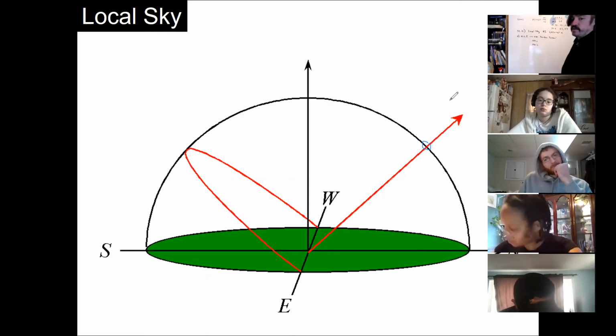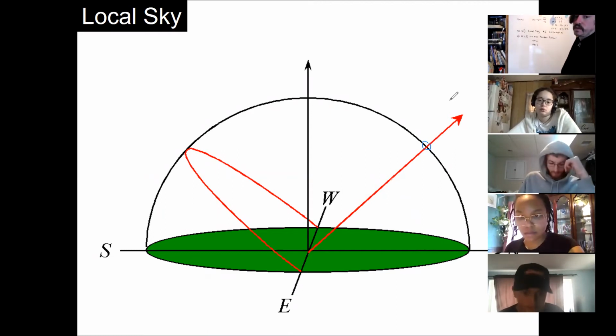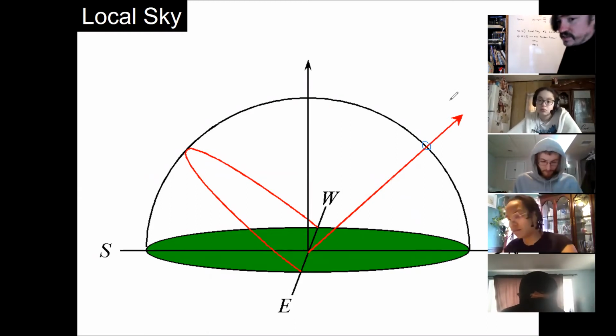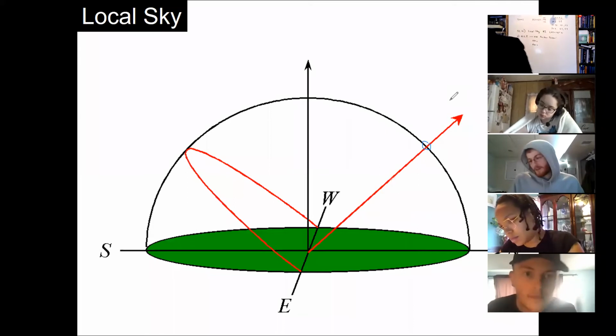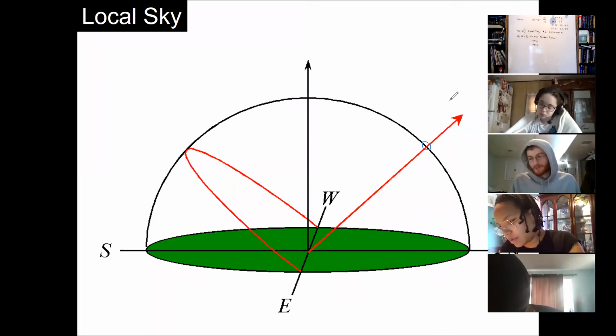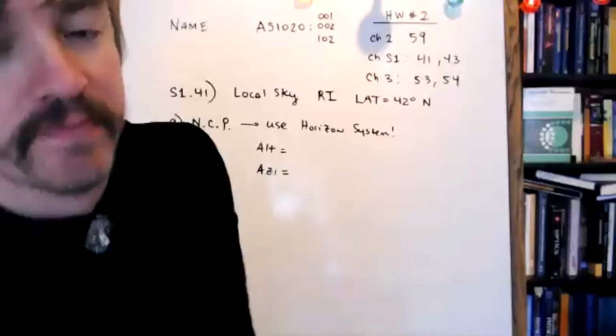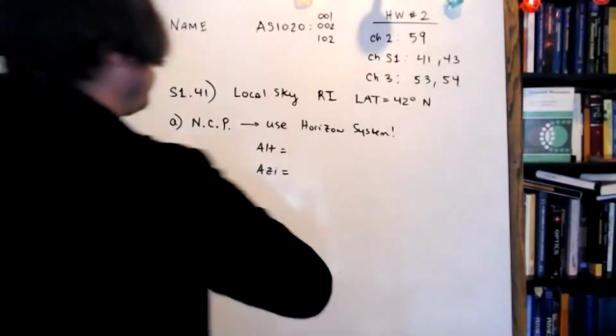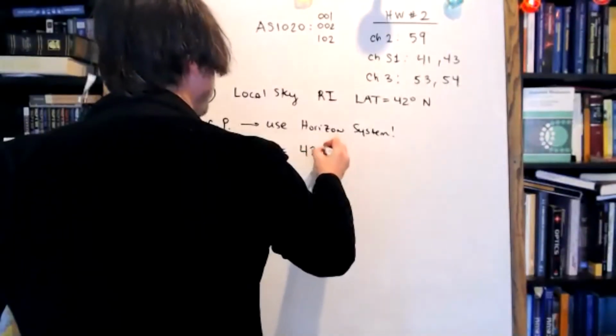Who thinks they know the answer? We learned how to do this in today's class, believe it or not. Is that 42 degrees? Which one are you giving me, altitude or azimuth? Altitude. Very good. And how did you know that?